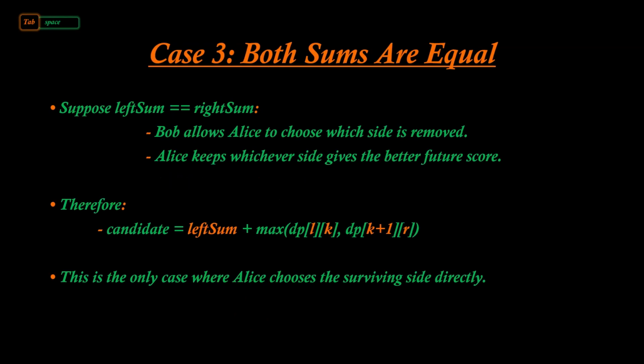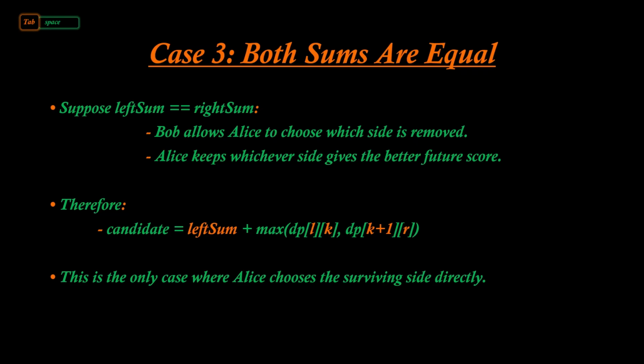Now we have the most interesting case. Suppose left sum equals right sum. Bob does not automatically remove one side. Instead, Alice gets to choose which side should be discarded. This means Alice can choose whichever surviving interval gives her the best future score. The immediate score is the same regardless of which side survives because both sides have the same sum.